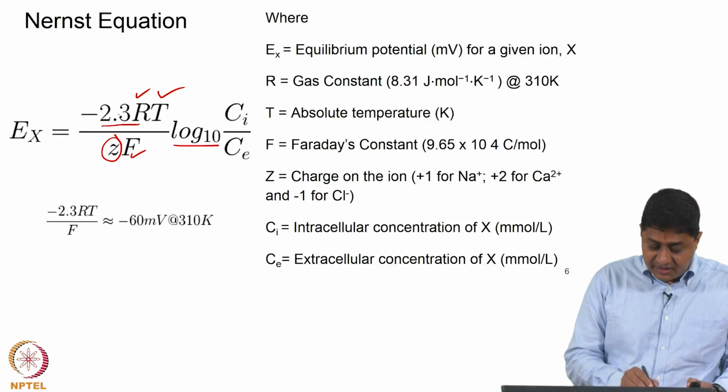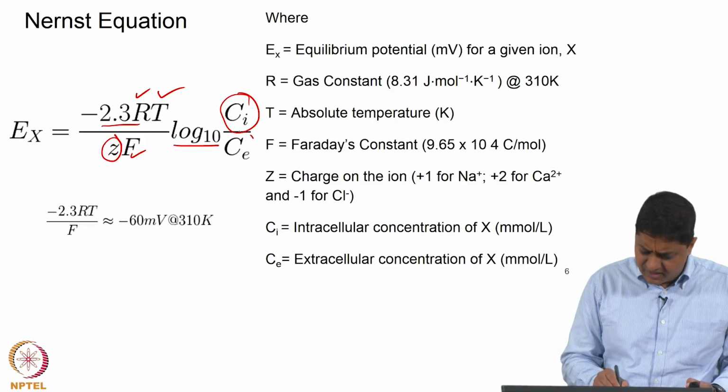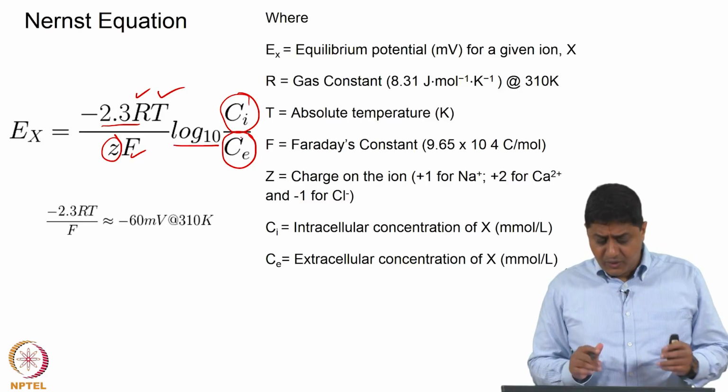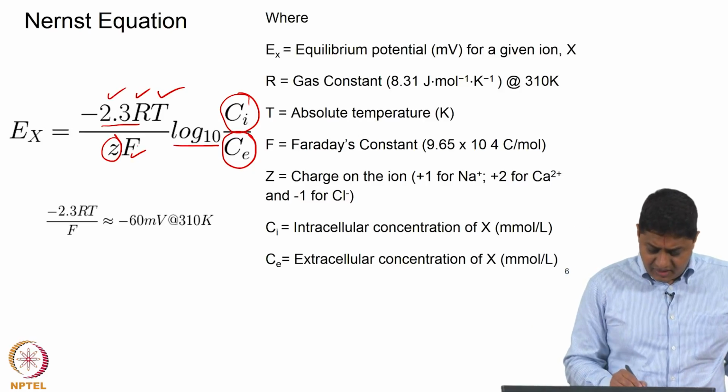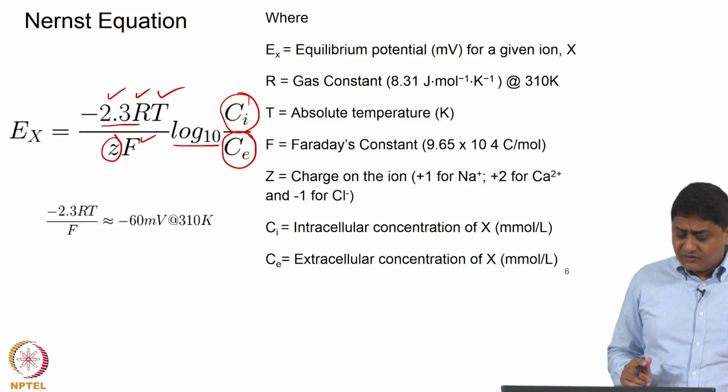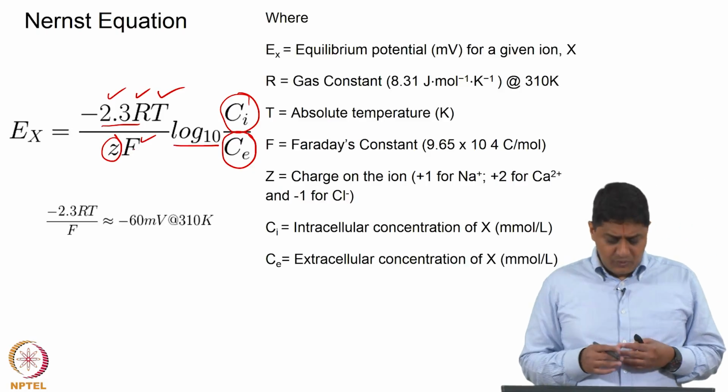So, I could theoretically compute all these numbers. I also do not know C_i and C_e, of course. Only those that I have marked in red are unknowns, those that I have ticked are all knowns. These are all things that I already know, right. So, I could compute what that value would be.